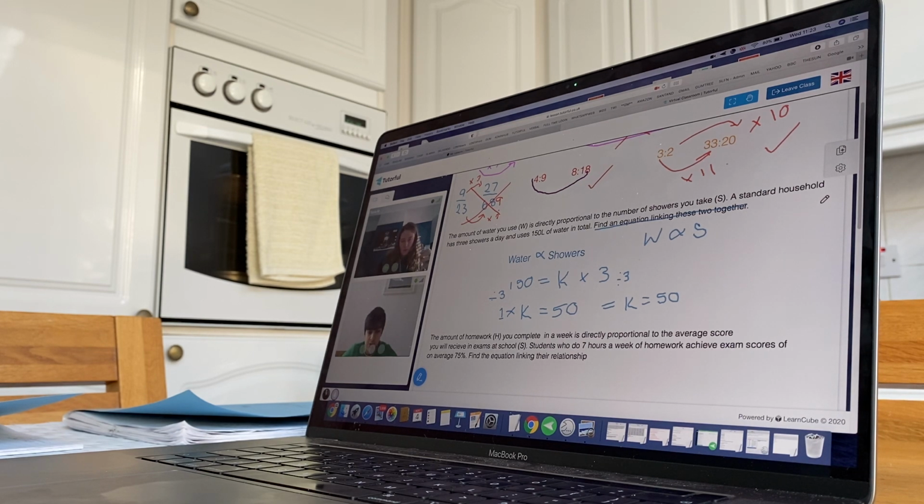That has to go up to 150. So the equation that we write linking them together is just W equals 50 times S. Not times 3, because it was only times 3 when the amount of water that they used was 150.